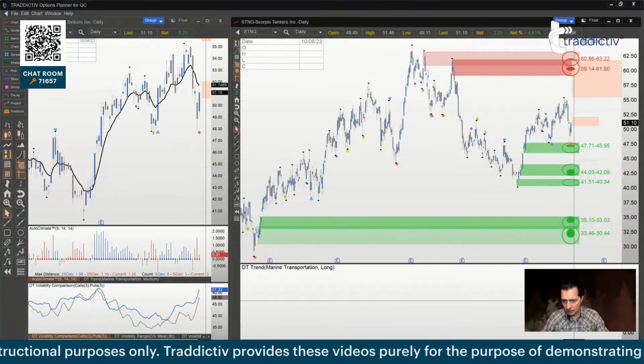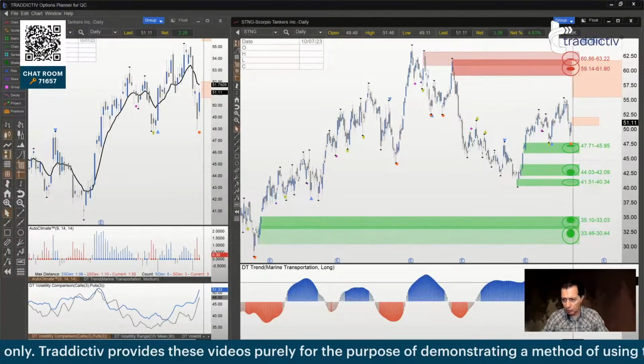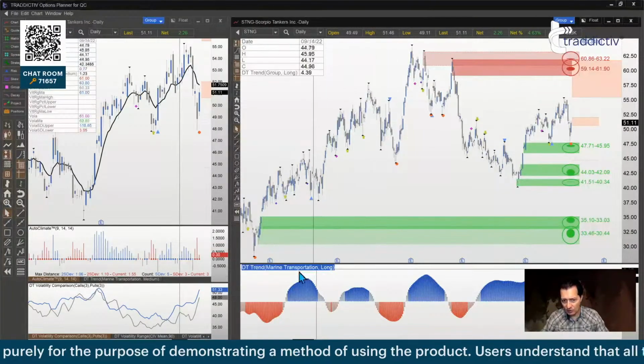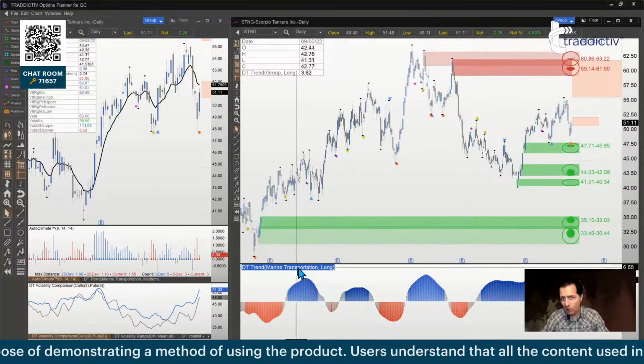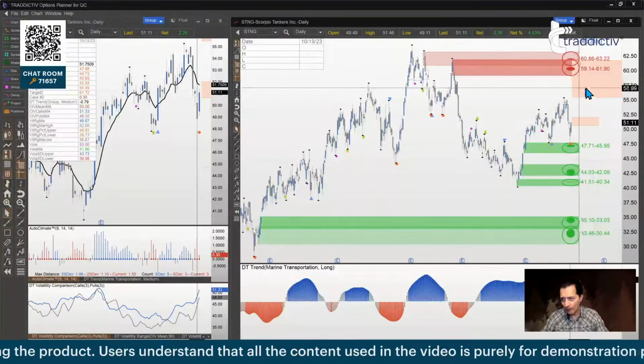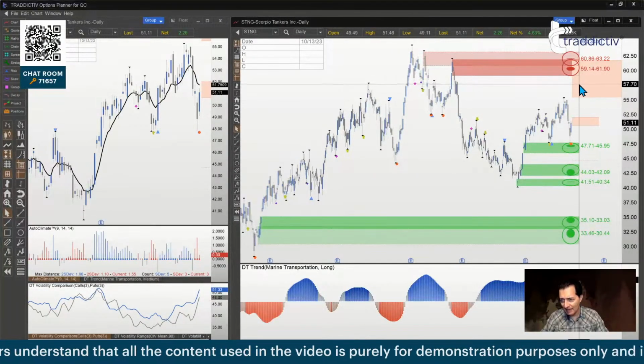Okay, so the trend for the group long term is blue, right? So the marine transportation sector is going up, and that stock is now moving up with an Elliott wave with a potential target around 55, 57, right?